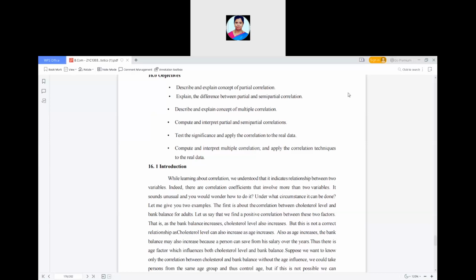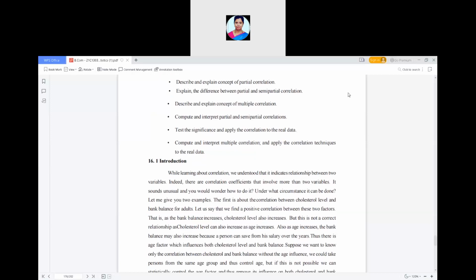Now we are going to see the concept of partial and multiple correlation. There are correlation coefficients we have already discussed, but what if the situation is unusual? How are we going to do this under such circumstances?